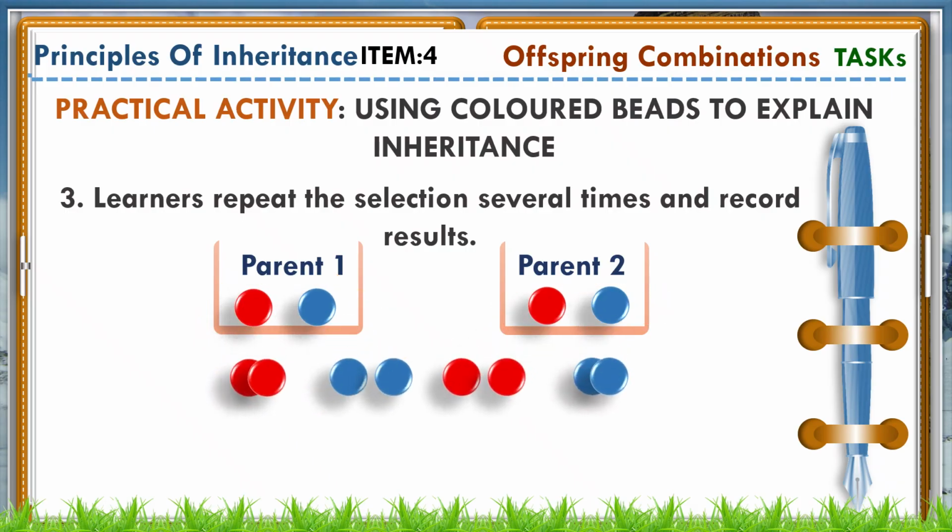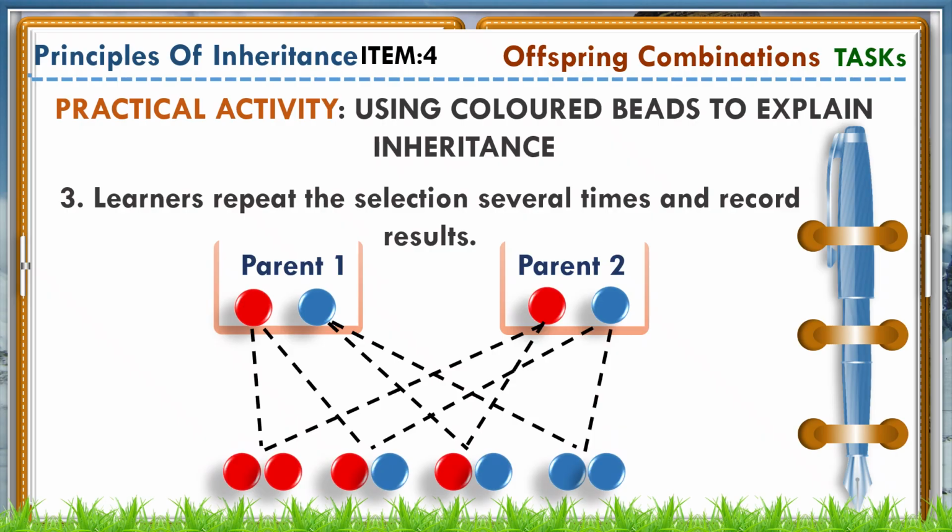So now we have formed the combinations. If you look at this combination, this parent has given us this gamete, and this one gave us this gamete, and they formed this offspring.